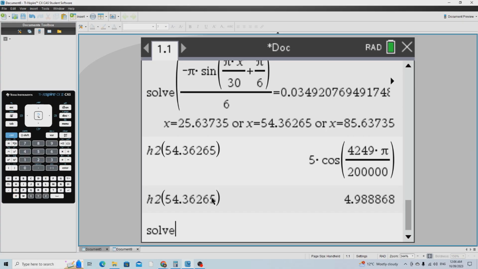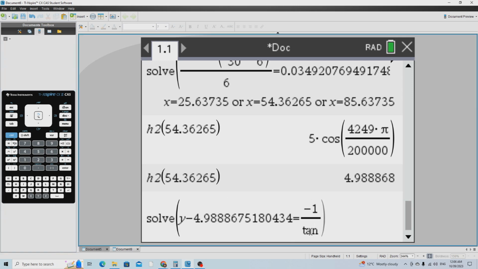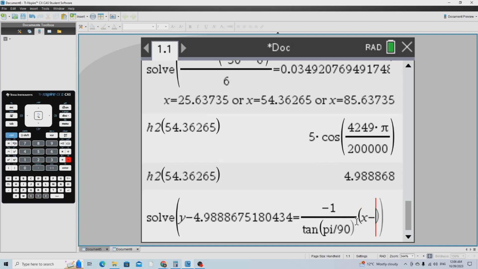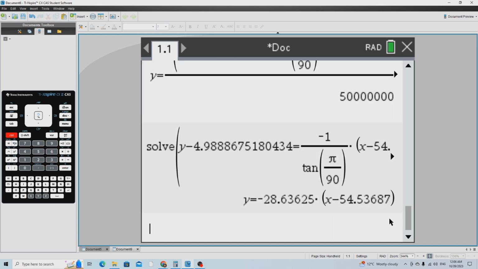Solve y minus this value equals -1 over tan pi 90, x minus this value over here, comma y, and we get this over here.